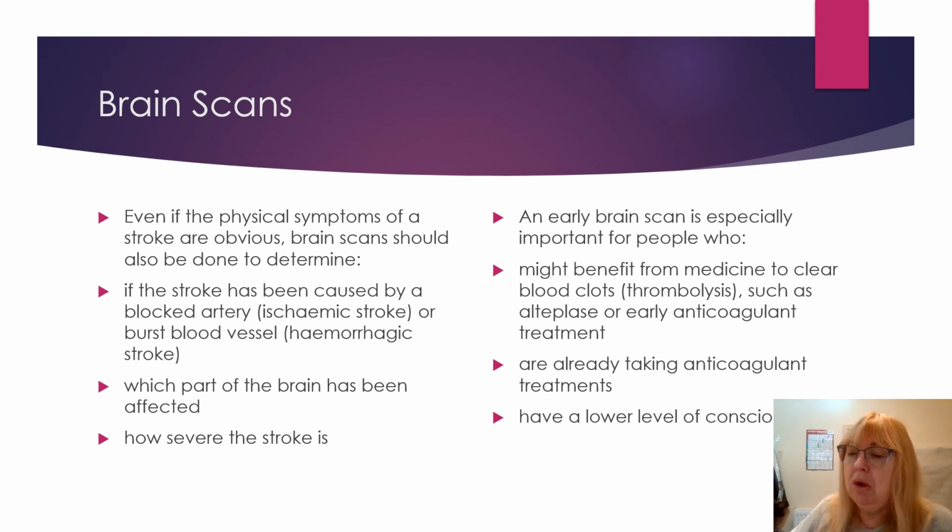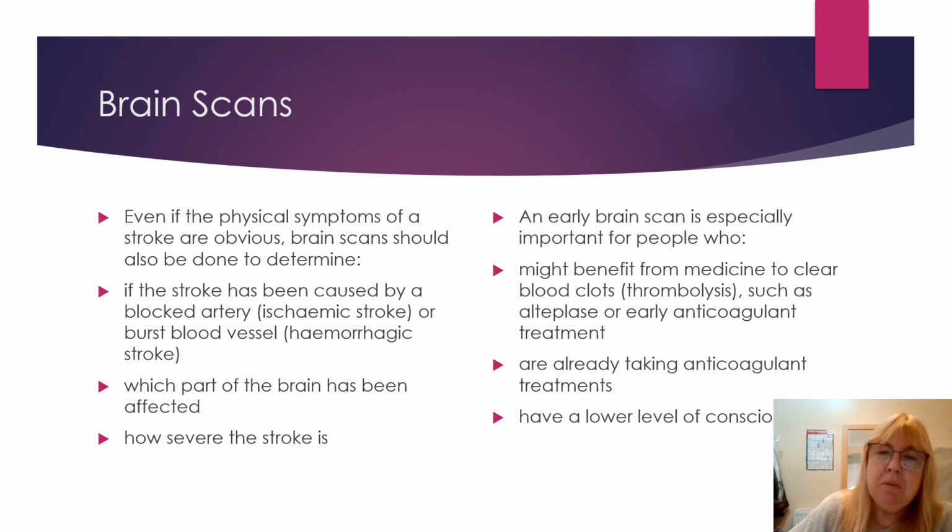If it's a blocked artery, blocked by a blood clot, like an ischemic stroke, or a burst blood vessel, a hemorrhagic stroke, because obviously there are going to be different interventions for those two. One of them, the brain is filling up with blood, and the other one, the artery is blocked, so blood isn't getting around the brain. Both of them are quite serious. Both of them cause strokes, but obviously you're going to intervene differently.